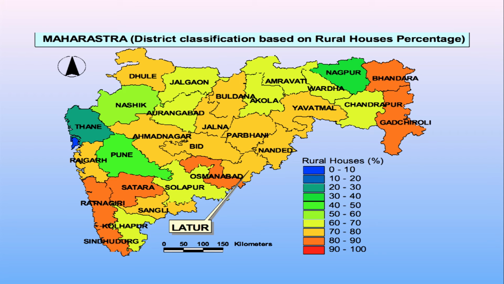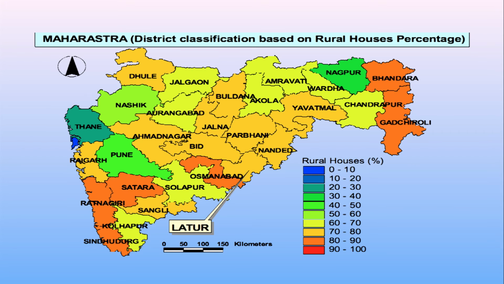And you see that Latur, even in equal interval classification, comes under this 70 to 80%. So say 75% of the houses in this district were rural houses, and a large number of deaths occurred during that Latur earthquake of 1993.